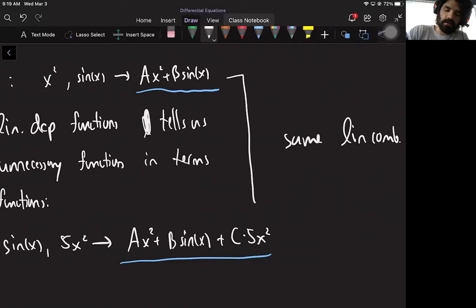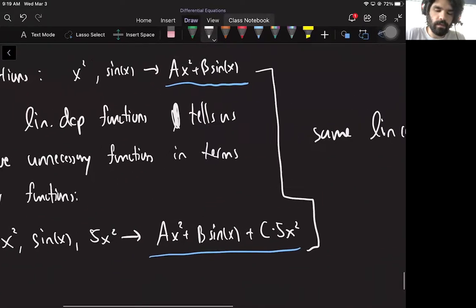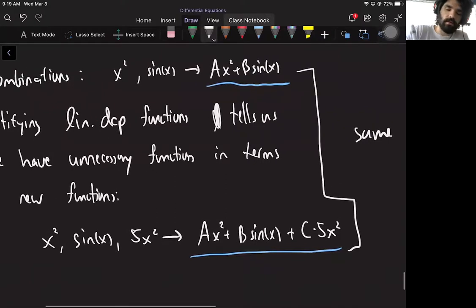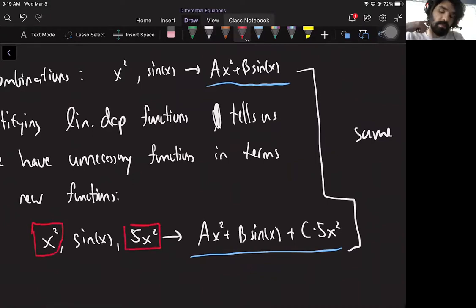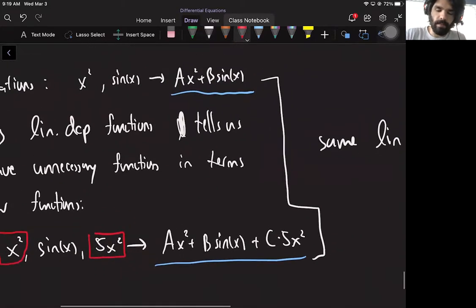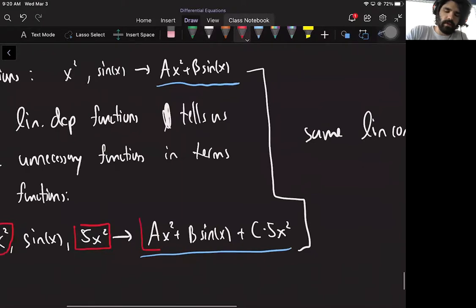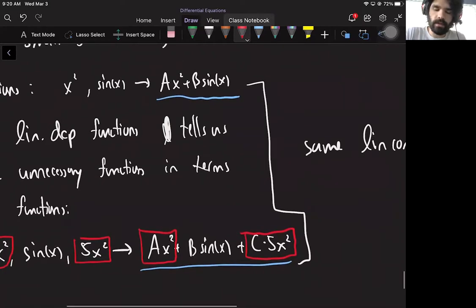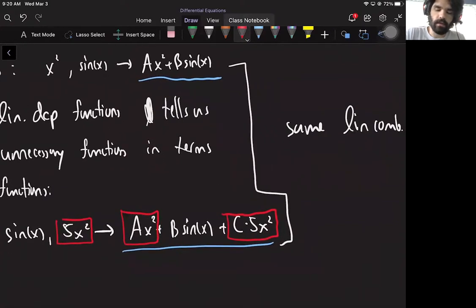And that's because of this linear dependence down here, which is that these two are linearly dependent. And so when I build linear combinations, these two building blocks don't create different things. They create the same functions, just for different choices of the constants.